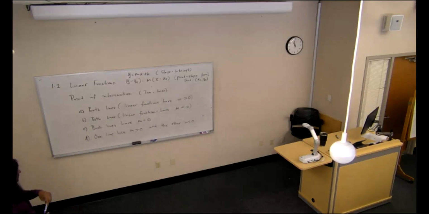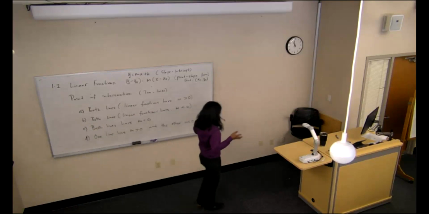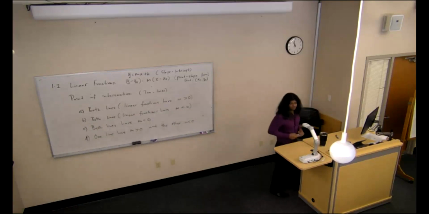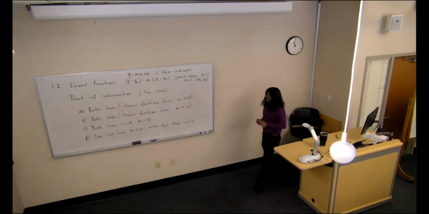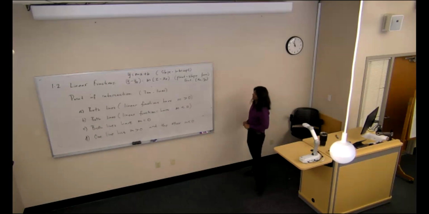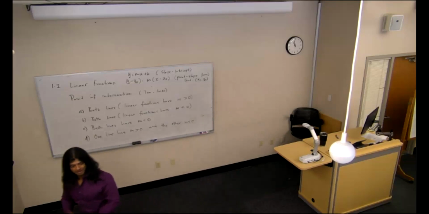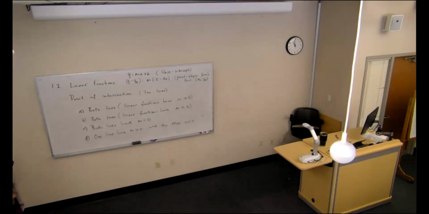Option B, both lines, linear functions, have slope less than 0, lines go down. C, both lines have m equals 0, which means no slope whatsoever. Last one, one line has m greater than 0, positive slope, another one less than 0. So which one would you pick?